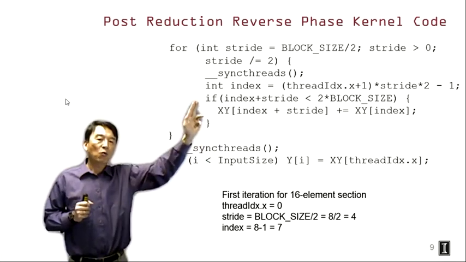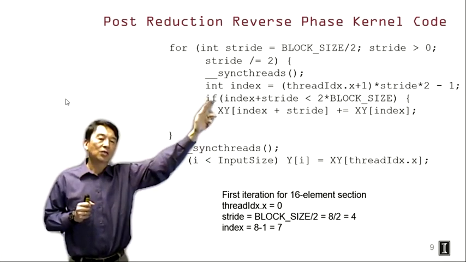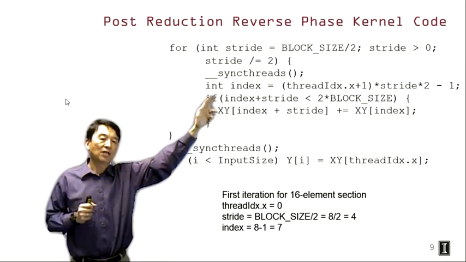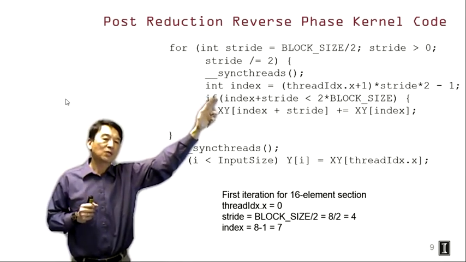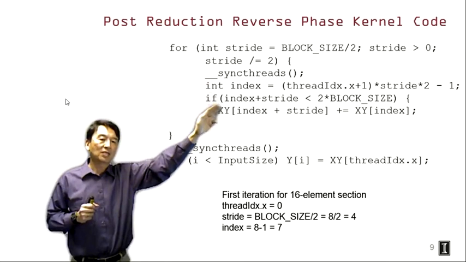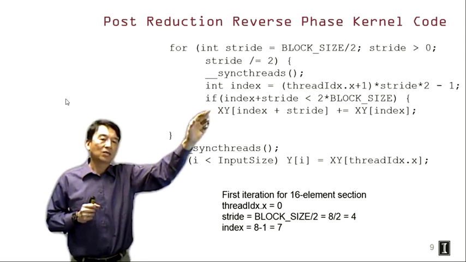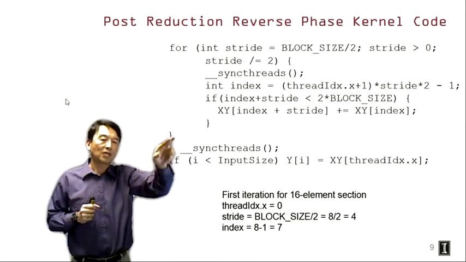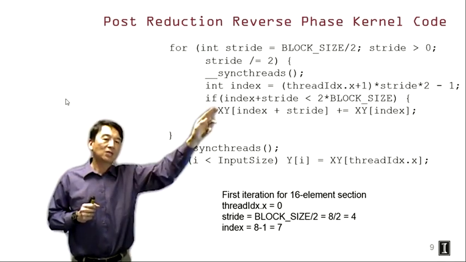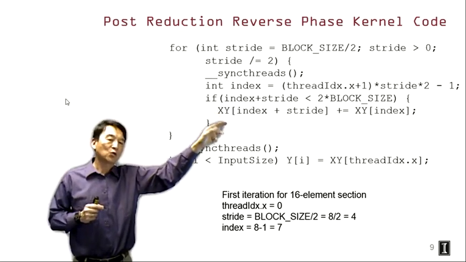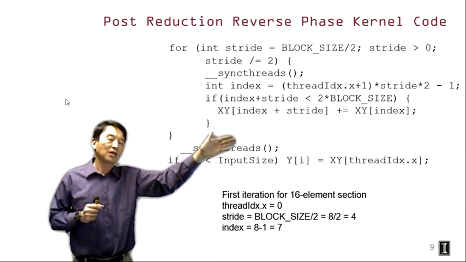And thread 1 is going to produce a sum of 2 in the index calculation. So we'll have 2 times stride equal to 4, which is 8. And then we times another 2, that's 16. So it's threadIdx is 1, so it's 2 times stride, which is 4, which is 8, and then another 2 is 16.